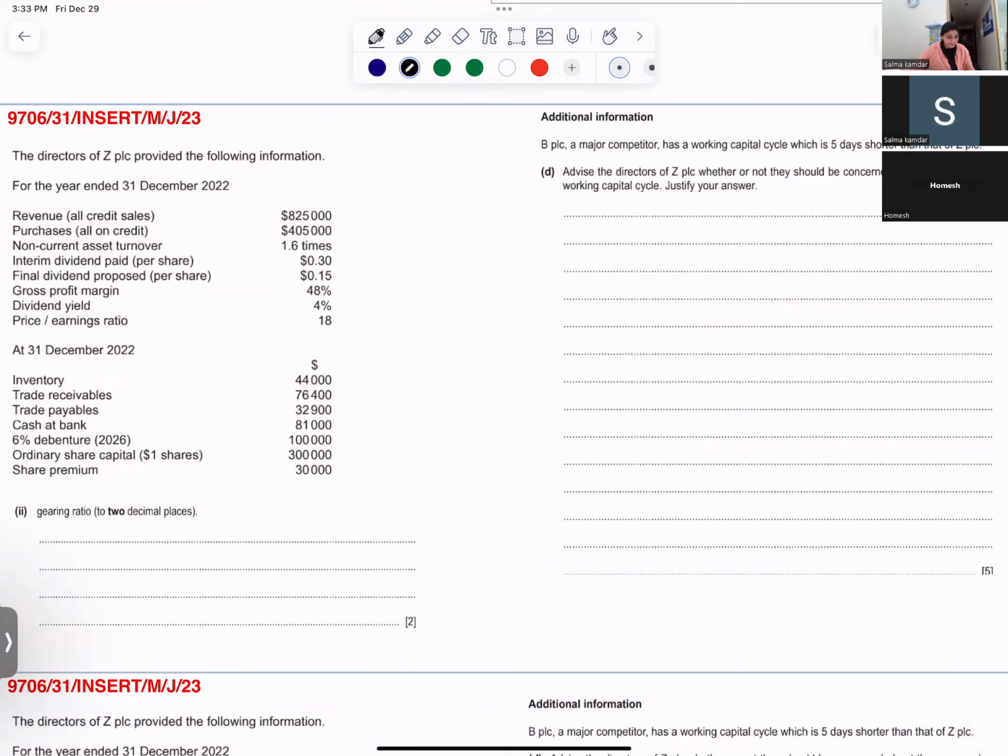Gearing ratio. What is the formula for gearing ratio? Total debt by total capital employed.